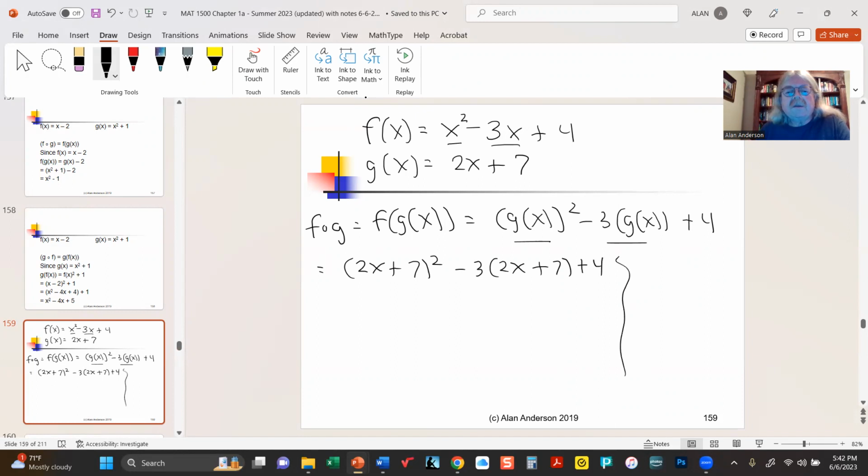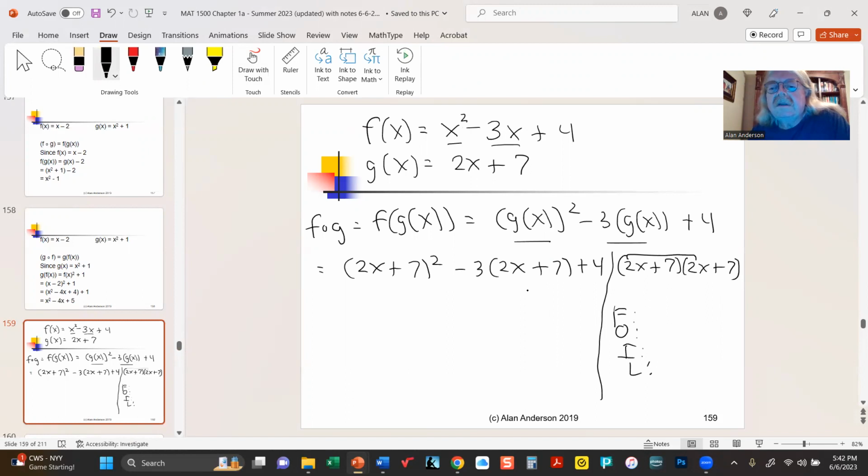And over on the side, we can apply FOIL here. Ooh, it's a little tight. Let me see what I can do. Okay, F would be these two terms, 4x squared.